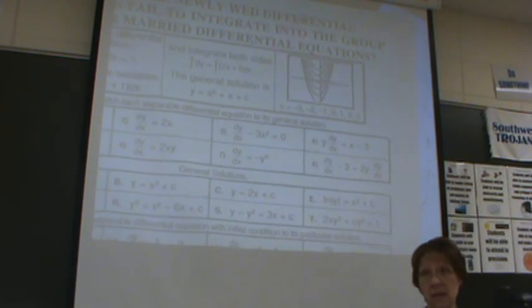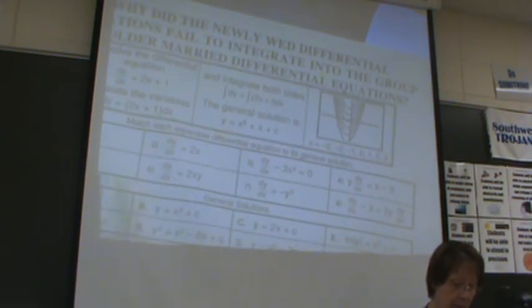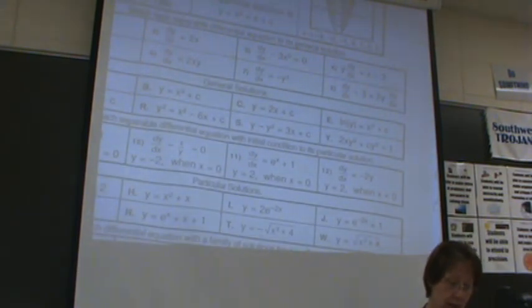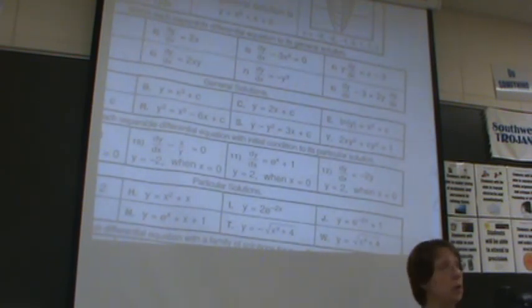So I just decided, it's a BC topic, I'm just not going to cover it this year. So we're not going to worry about that. And then here is some practice on matching slope fields, general slope fields, differential equations, particular solutions, and matching the families. Those are all things that you need to be able to do out of this section. So you have no time, but those are the things you want to be practicing.